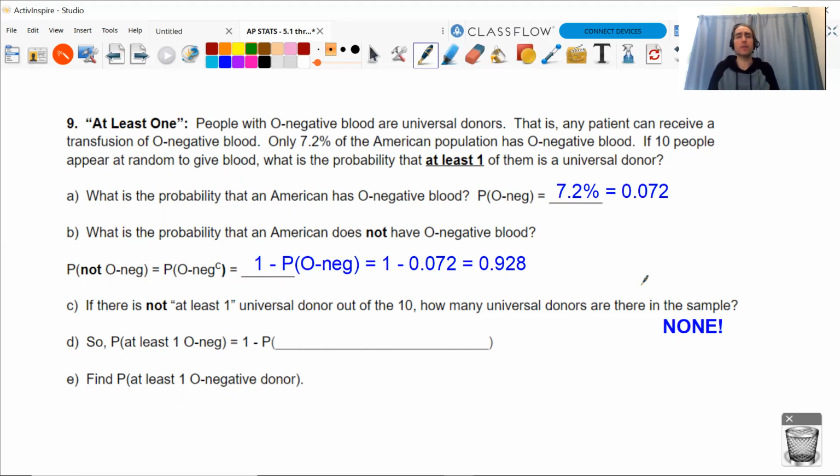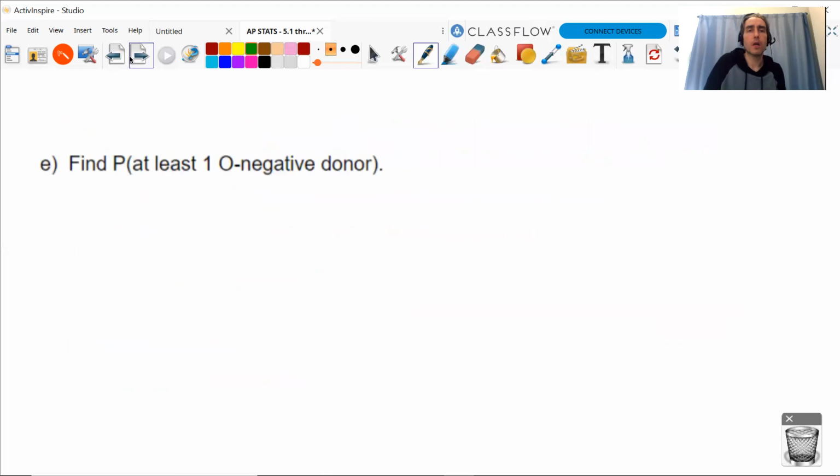So we can think about this problem like this. We can say the probability of at least 1 is 1 minus the probability that none are O negative. Now, how do we do that? Well, let's start with thinking about what that means.